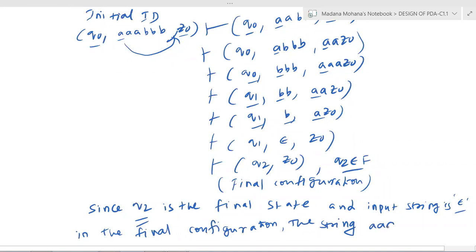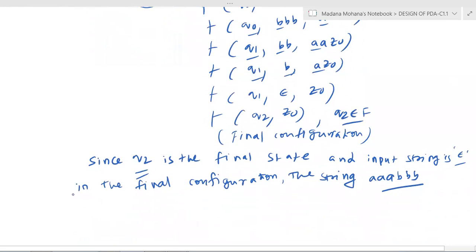The string AAABBB is accepted by the PDA. That means our PDA is satisfying the condition of acceptance of strings obtained from the given language by final state.